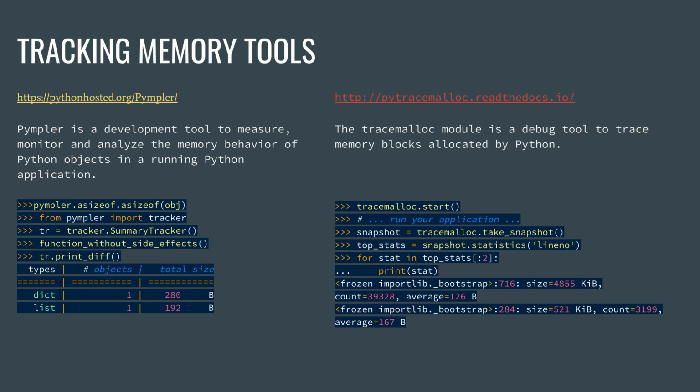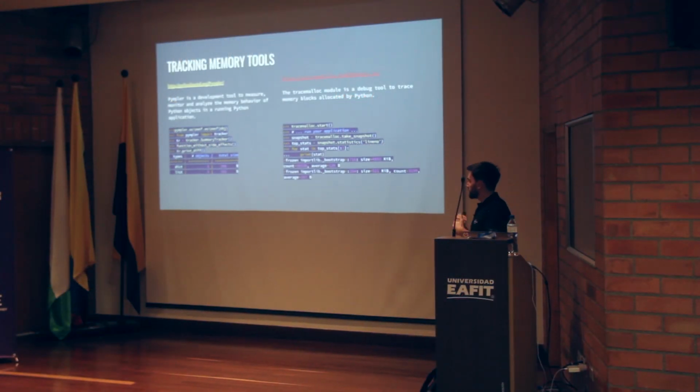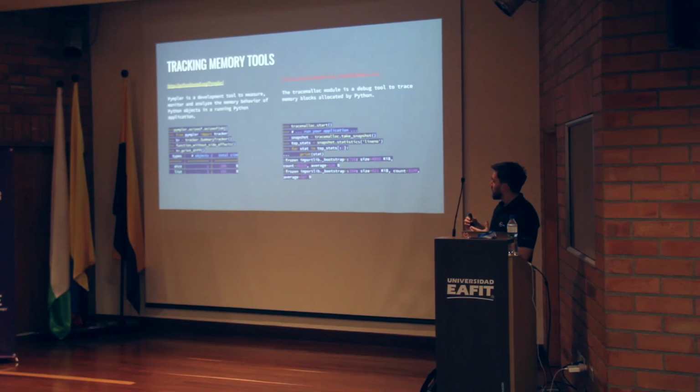There are some tools you can use to track memory usage. First is Pympler. What Pympler does is it prints all of the objects. The idea is that you use print diff in between different function calls to see which objects weren't dereferenced.